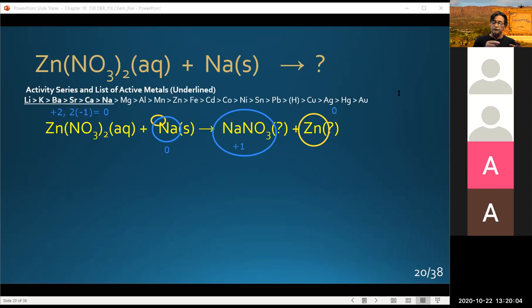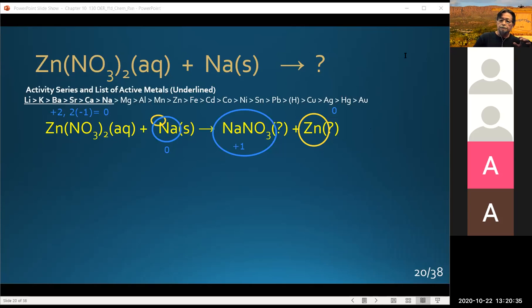And when we balance this, we'll see that we're going to balance it with 2 sodiums. That means that each sodium gave up electrons to give to the zinc to get rid of its +2 charge to become a 0 or an element. This is a type of reaction that we call oxidation reaction and reduction reaction. We're going to have more on that, but this is an introduction to that.